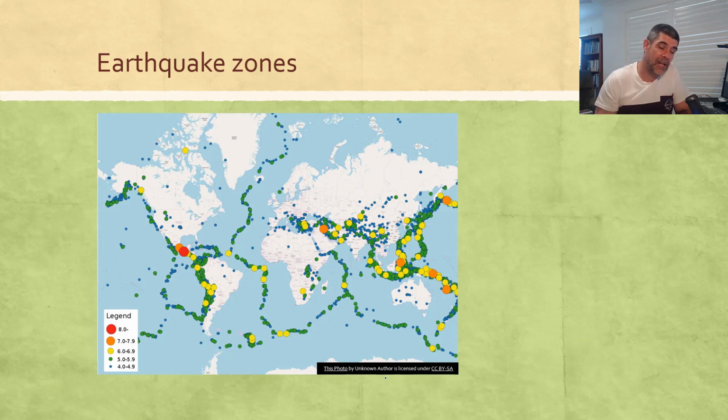But again, what you can notice is that some of those regions of the Earth that we've already looked at correlate very well once again with the distribution of earthquakes.